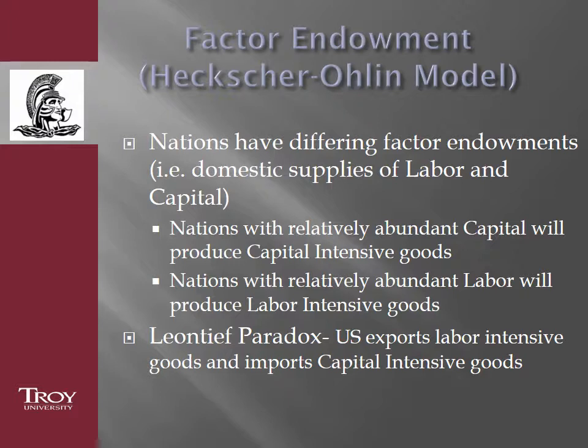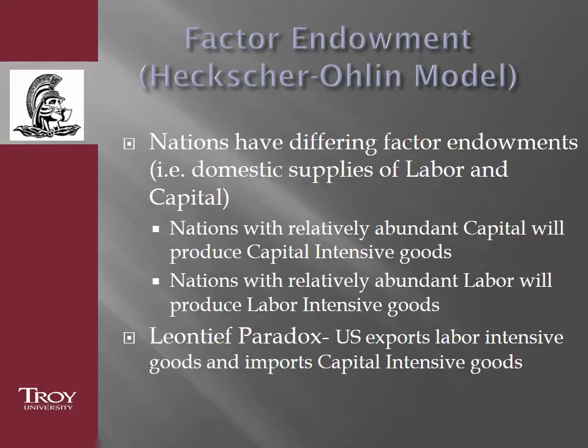And no surprise, when you have nations with differing factor endowments, a nation that is relatively abundant in capital will produce capital-intensive goods, and nations that are relatively abundant in labor will produce labor-intensive goods. Straightforward. A lot of people like it. You can call it the HO model, and it's got a good name.